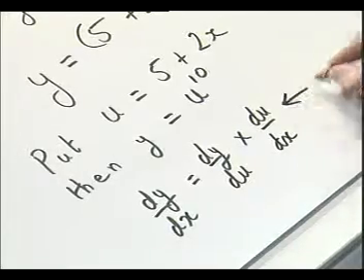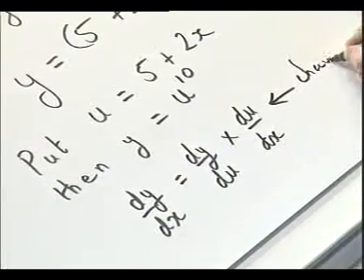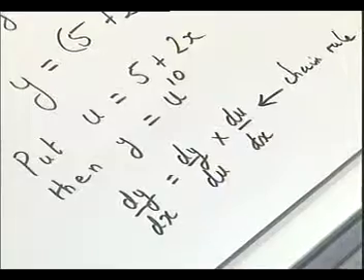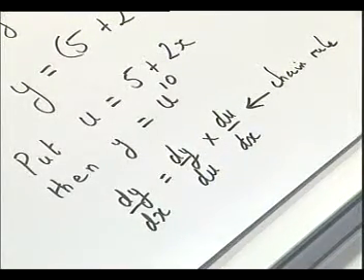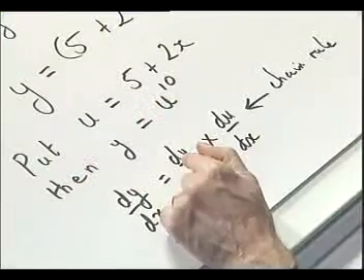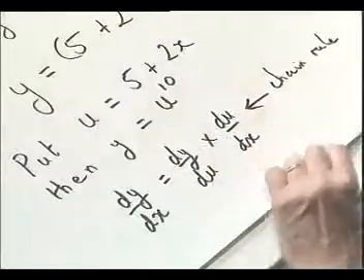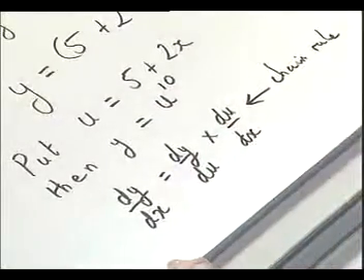And it's this that is the chain rule, or, as some of you may know it, function of a function. So this is what we've got to do: work out dy by du and work out du by dx.